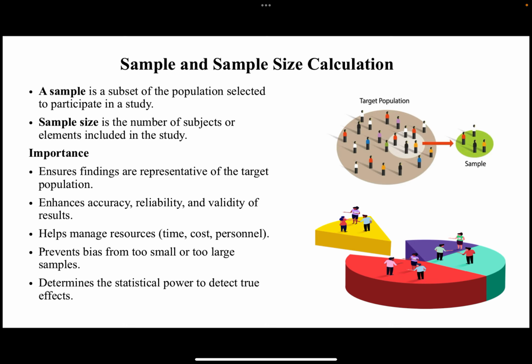Or first of all, what is a sample? Let's begin with the sample. A sample is basically a subset of a population that is selected to participate in a study. That is what we call a sample. Remember that before you do a study, you have what we call a target population or study population.